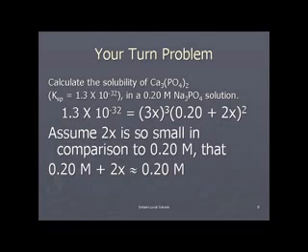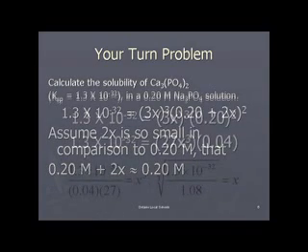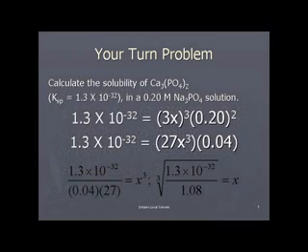By allowing us to assume that, we can drop the 2x out of the expression and make this much simpler to solve for. So here we are using the assumption that 0.20 plus 2x is essentially equal to 0.20.